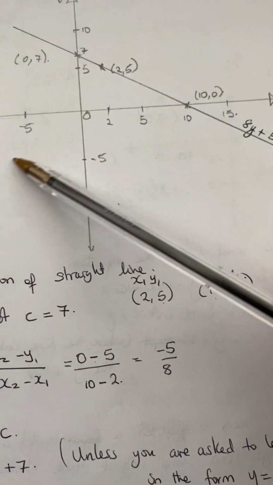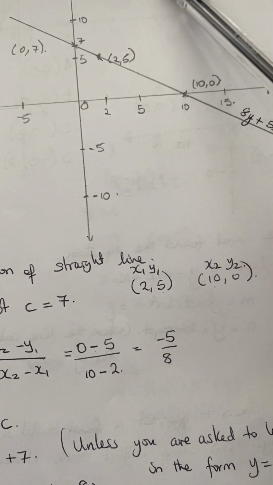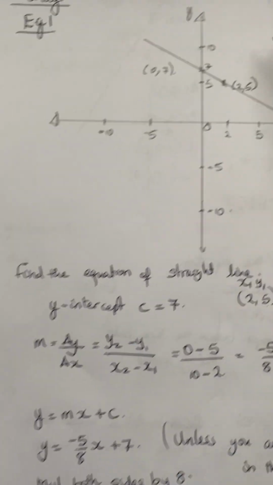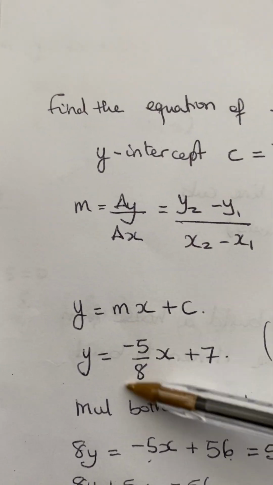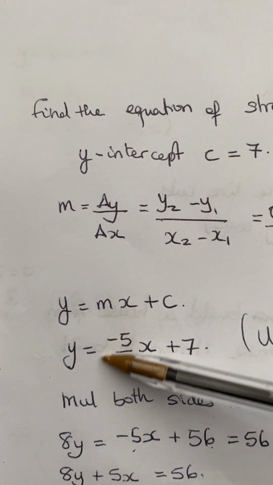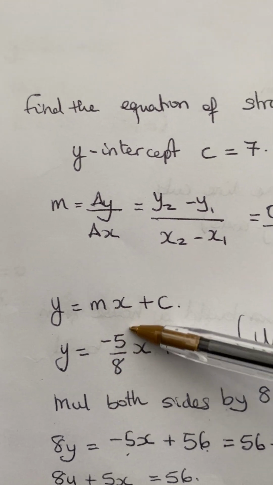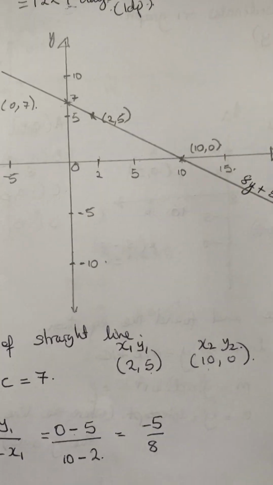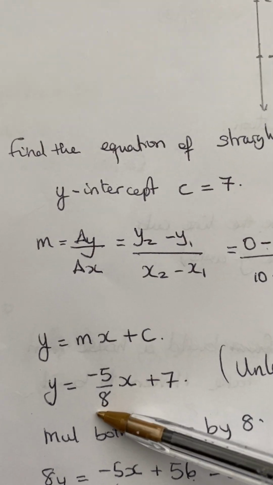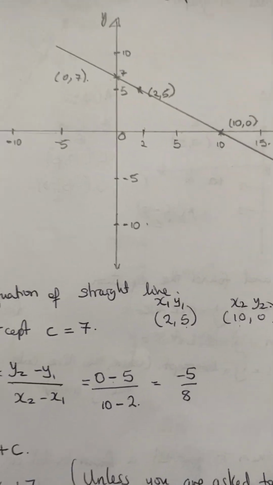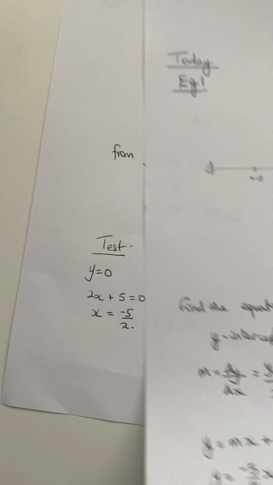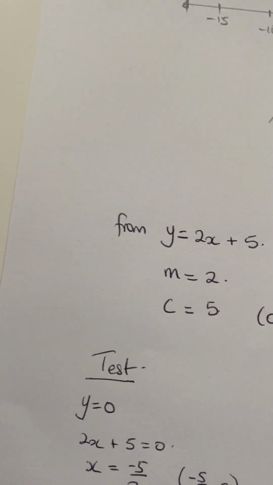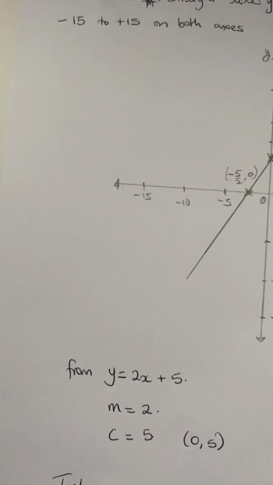Yesterday the gradient was positive, it was going upward. So just by looking at the gradient, you know whether the graph is going downward or upward. For instance, the gradient is negative, so it's going downward. Hopefully I've said everything I want to say today.